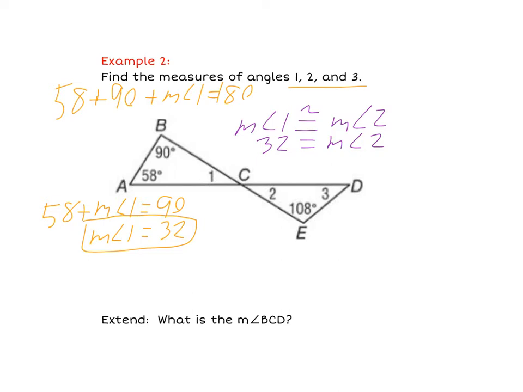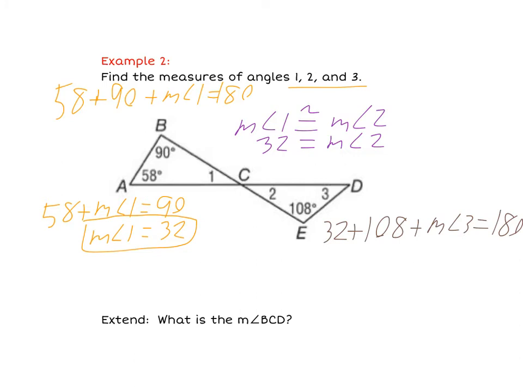Well, number 3, D, we need to figure out what that is, but we know what 2 is and we know what the other one is. So the measure of angle 2, 32, plus the 108, plus the measure of angle 3 must be equal to 180.